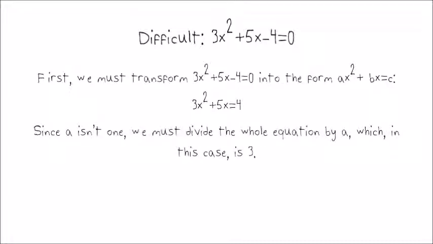Since a is not 1, we must divide the whole equation by a, which in this case is 3. So, dividing 3x squared plus 5x equals 4 all over 3 will become x squared plus 5 over 3 x equals 4 over 3.